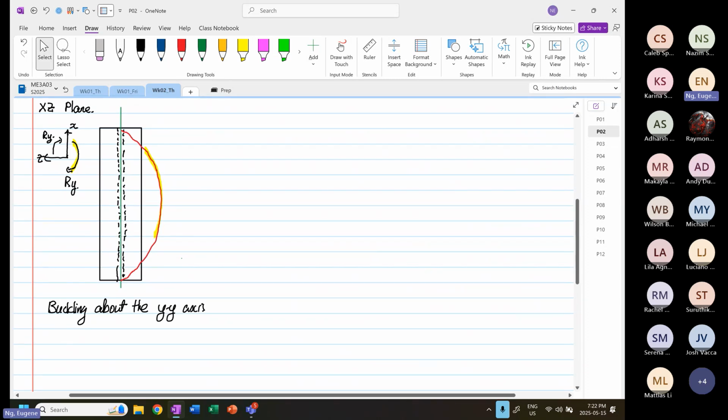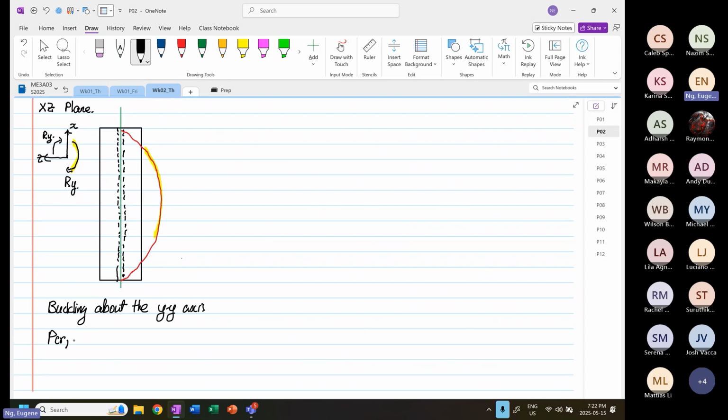And when that is the case, the critical load about the exact plane is equal to pi squared EI. Now, I about y-axis, or we can just call it Iy, divided by LE squared.